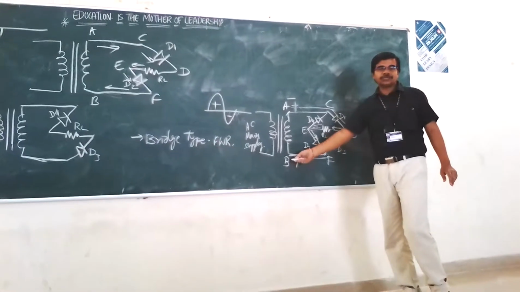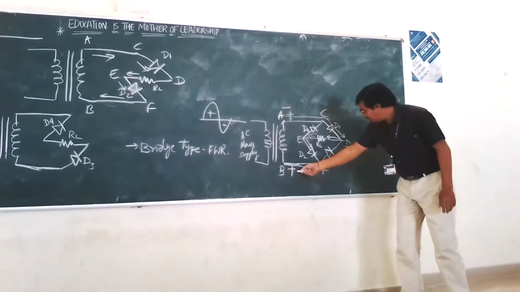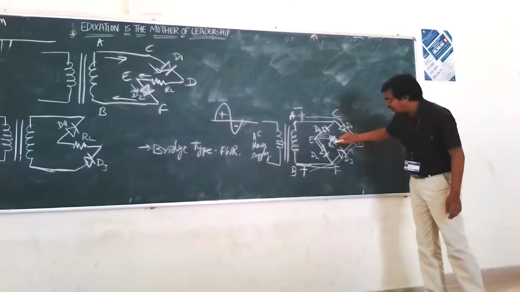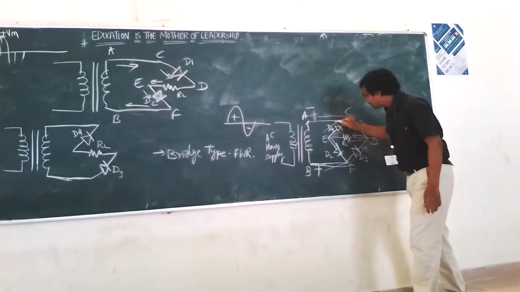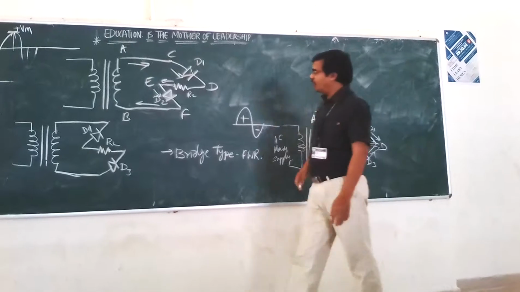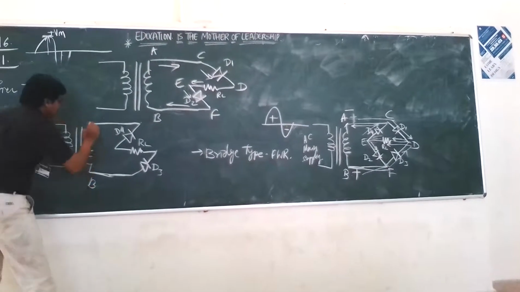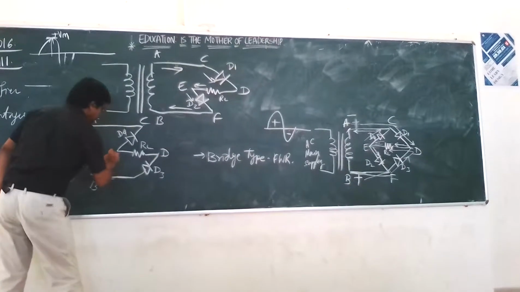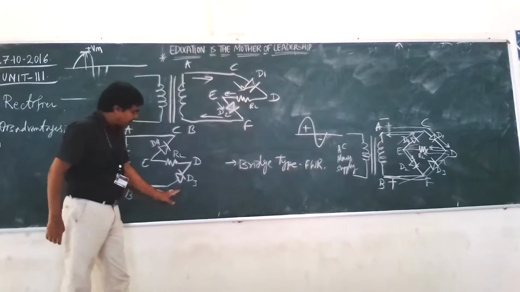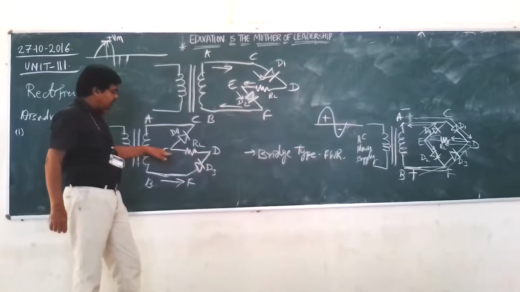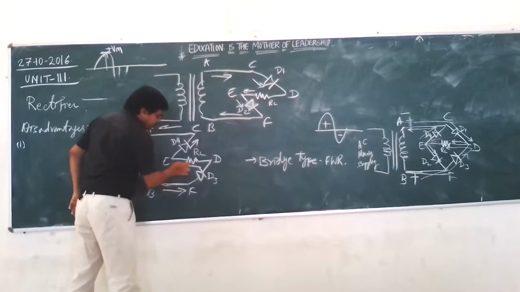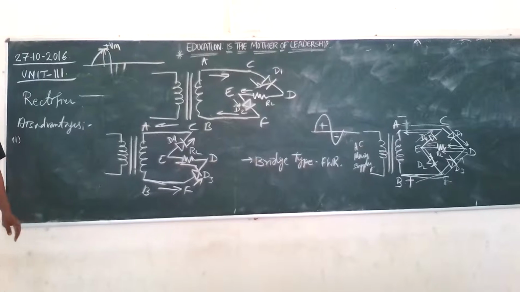As B is positive, the flow will be from B through diode D3, then through the load resistance, and from there through diode D4 and back to A. So it is from B to F, from F to D, from D to E, from E to C, and C to A. This is in the secondary in case of the negative half cycle.